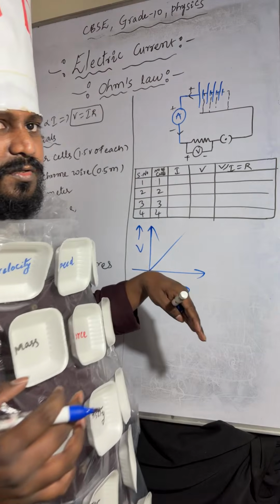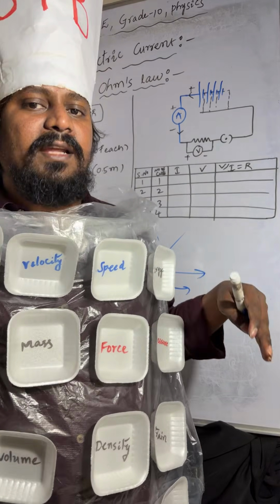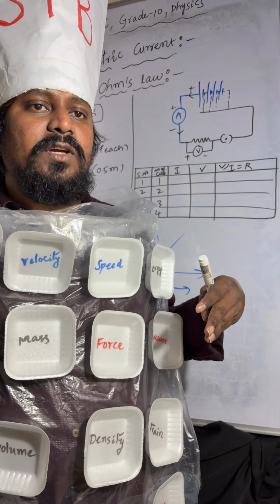V is directly proportional to I. Potential difference is directly proportional to current.